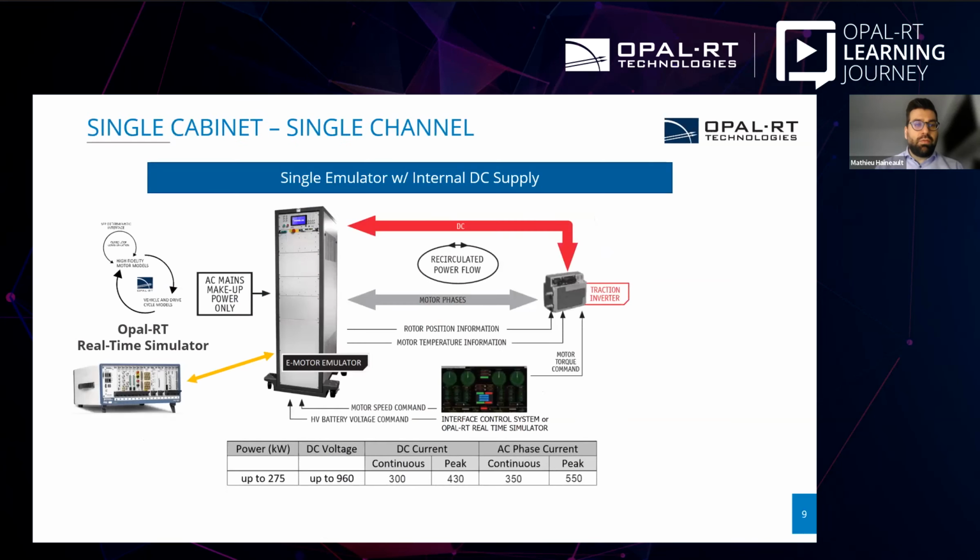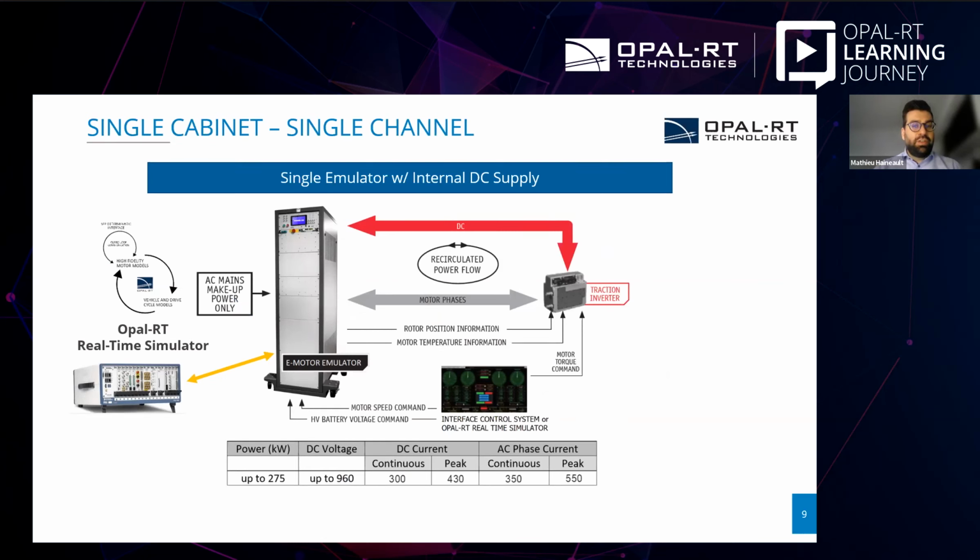If we're looking at the power rating of the single cabinet, it is important to know that all of those cabinets have two main configurations: single channel, like a 3-phase single channel, or 2x 3-phase, which will double the power. A main unit of a 3-phase output for the motor emulation goes up to 275 kilowatts.